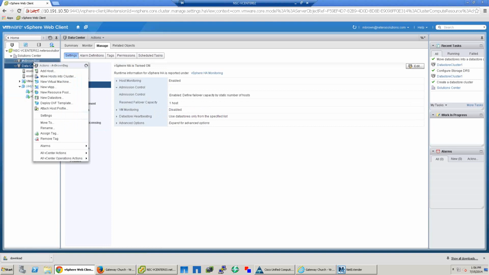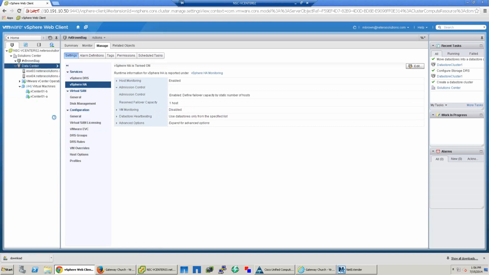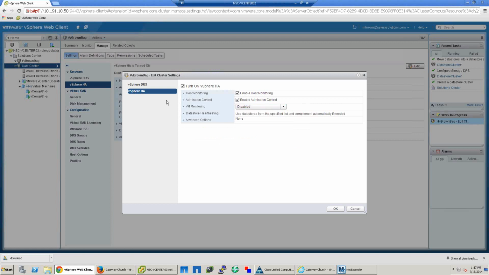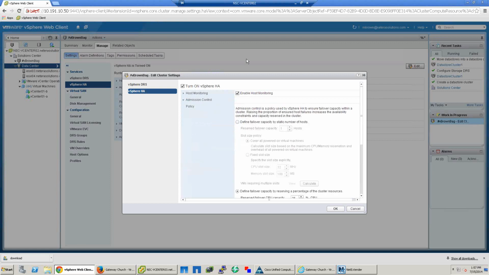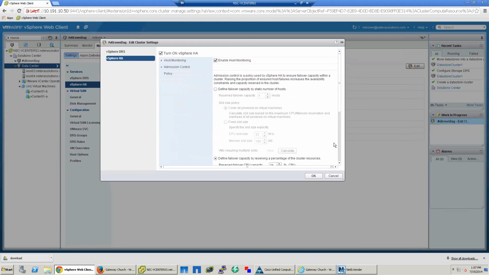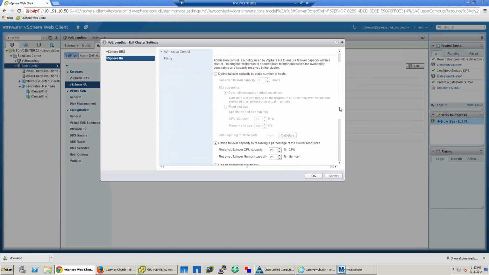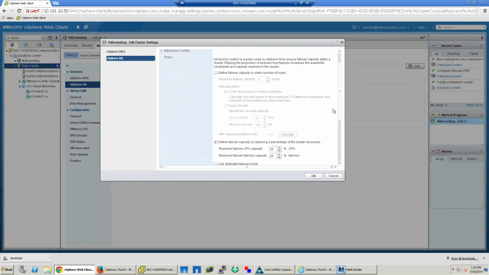I need to open it up on one of these just to show you anyways. Okay, so we have, pardon me, mission control policies, yes. All right. So when we enable HA, we're telling it that we want it to restart virtual machines should a host fail.